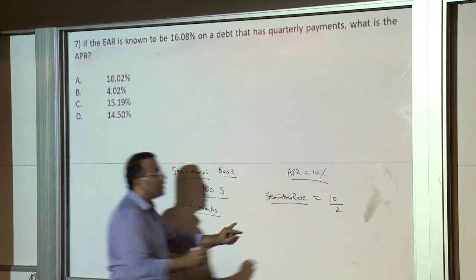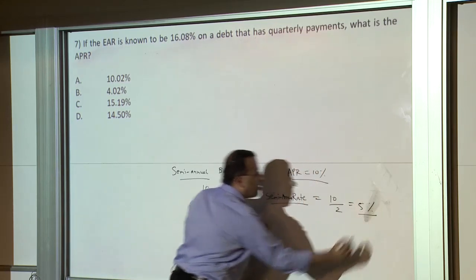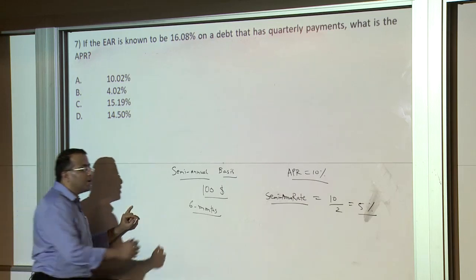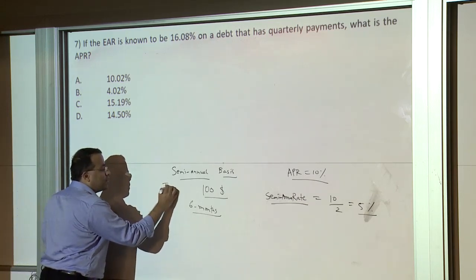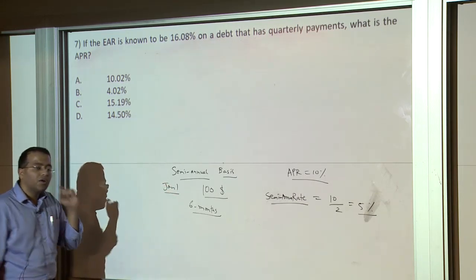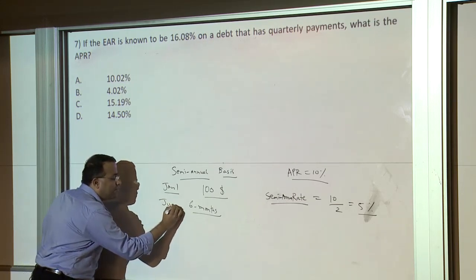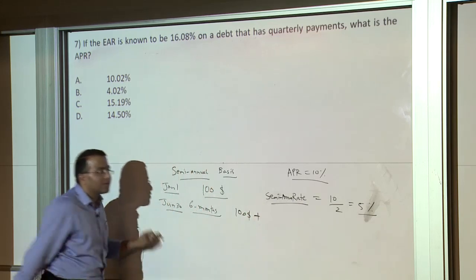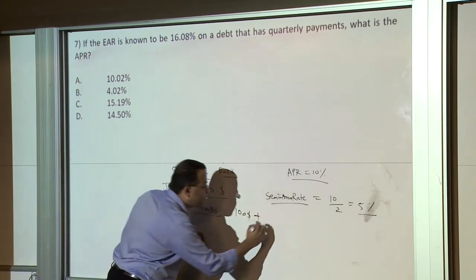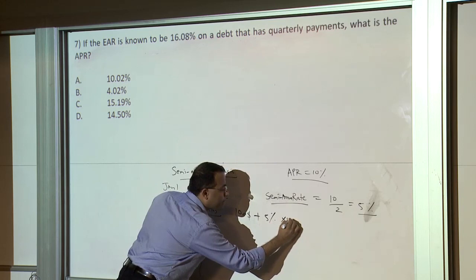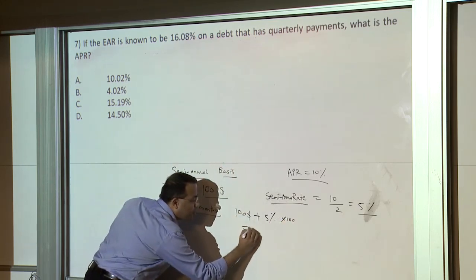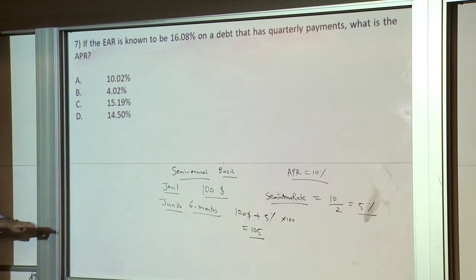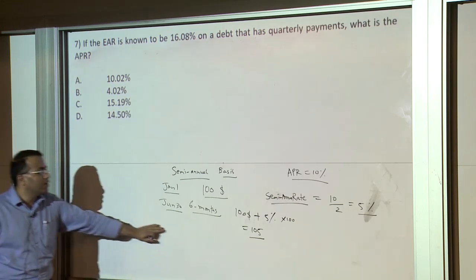So you're going to get 5% interest on the amount in your bank account. If you have this on January 1st, then at the end of June 30th your account is going to read $100 plus 5% of $100, which is $105. That's what your account reads at the end of 6 months.